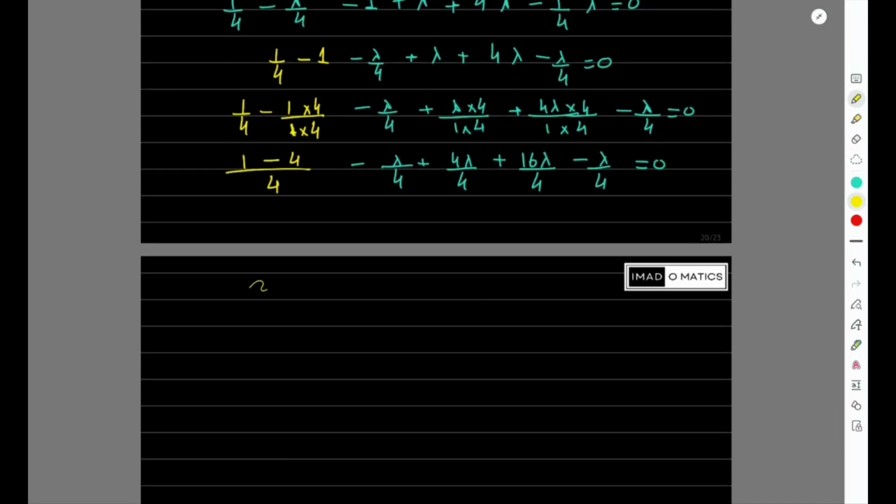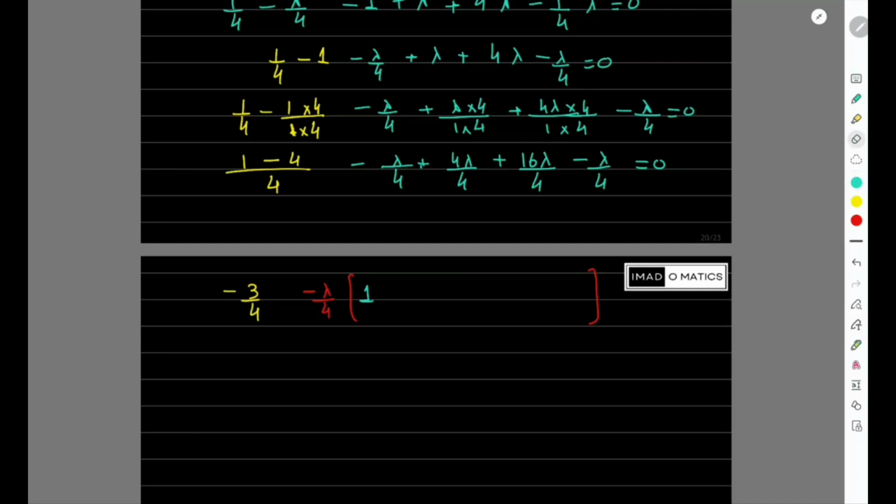Minus 3 by 4. Now taking common, minus common, and we have lambda by 4 also common. So what we left inside the bracket is, here we left 1, and the signs become inverted.